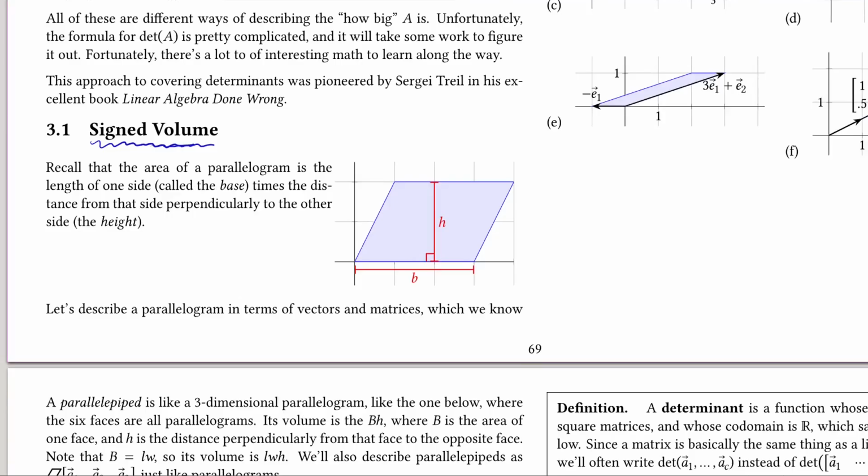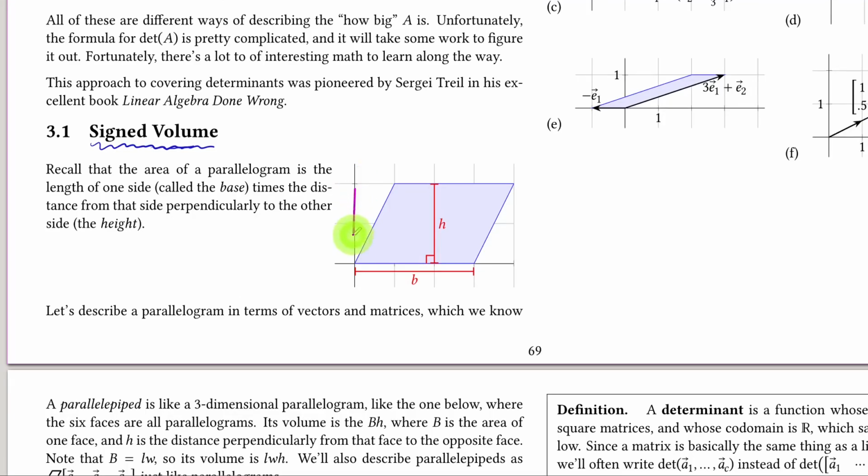And to get the area of it, the area of this parallelogram here is the same as the area of the corresponding rectangle that has the same base length and height here.